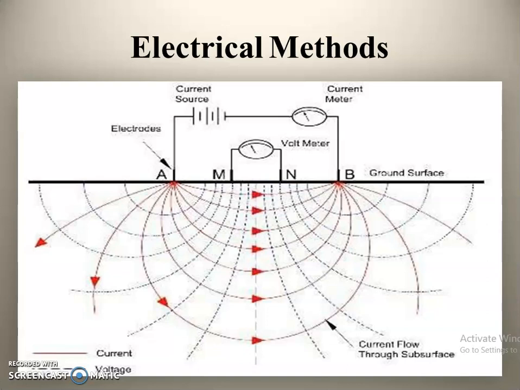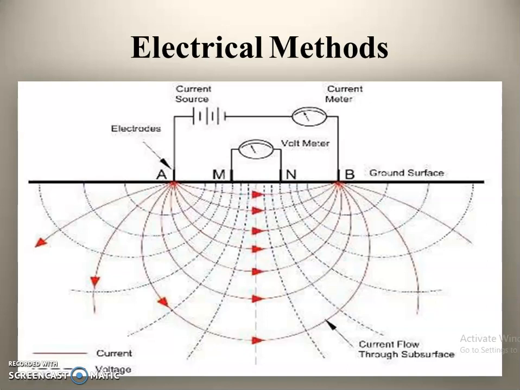A current is passed between the 2 outer electrodes, A and B, and the potential drop between the inner electrodes is measured using a potentiometer. The equipment used here are the potentiometer and ammeter. Here, this one is a potentiometer and the current meter is the ammeter. Electrodes and hammers are only needed.